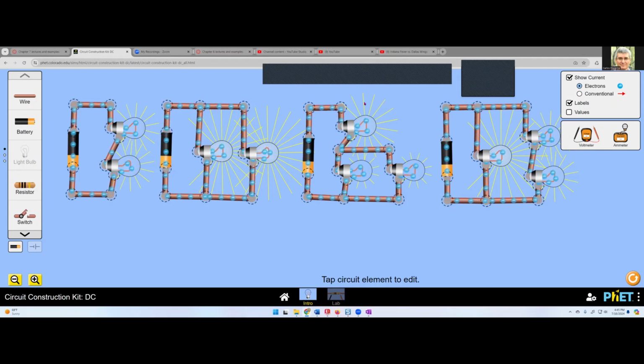I would say that this guy has more lines than the one at A. And I would say that this one is brighter than the one over here. If I compare this to A and B, that's the same as comparing these two because they're in series with the source. So I would say that this guy is the second brightest.